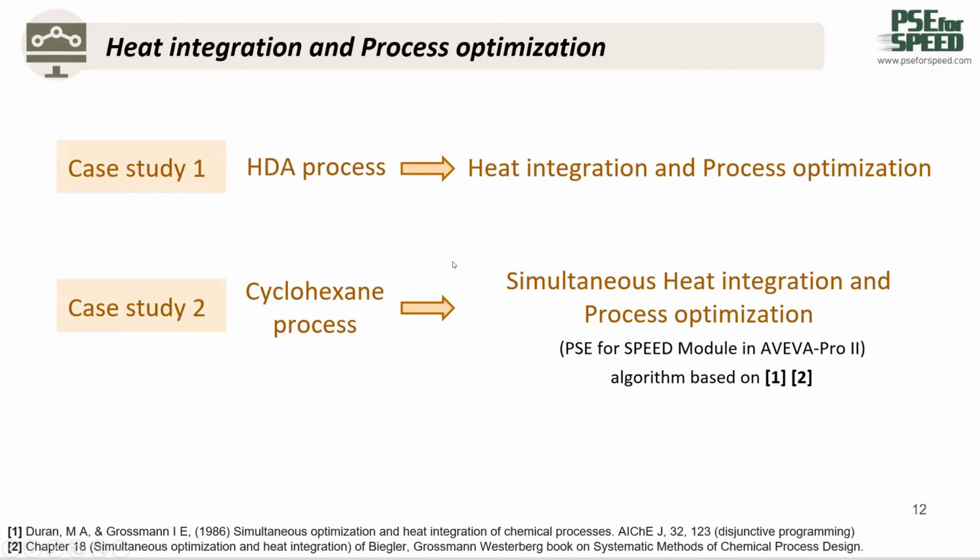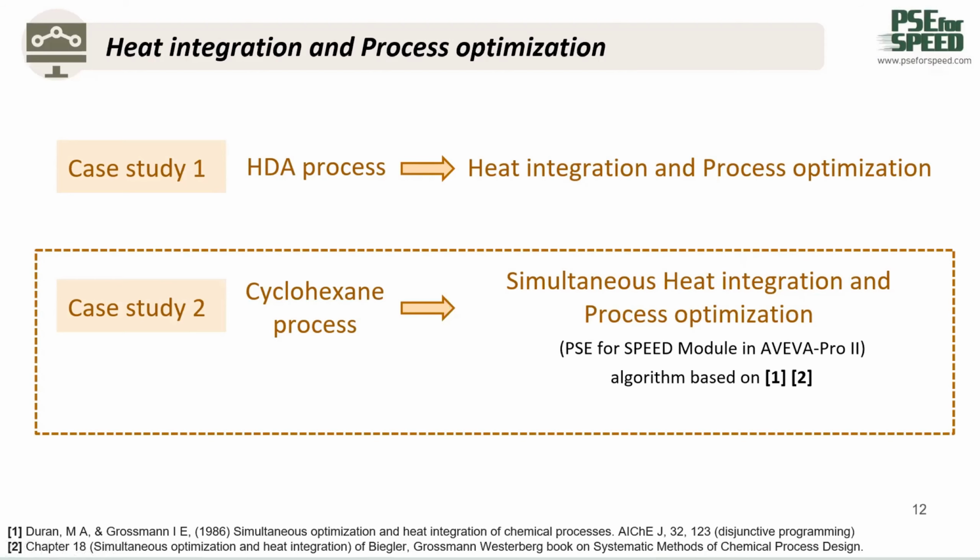But in order to do this, we need to add the user-added model in Pro/II, which is the PSE for speed model, whose algorithm is based on the reference I show at the bottom here. It means that simultaneous heat integration and process optimization cannot be done without the PSE for speed model.